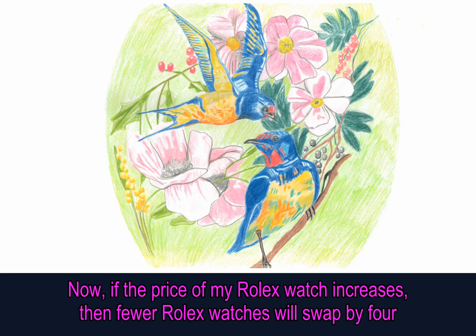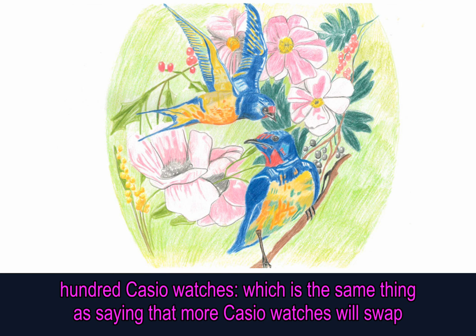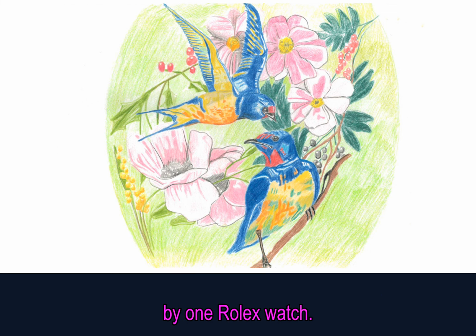Now, if the price of my Rolex watch increases, then fewer Rolex watches will swap by 400 Casio watches, which is the same thing as saying that more Casio watches will swap by one Rolex watch.